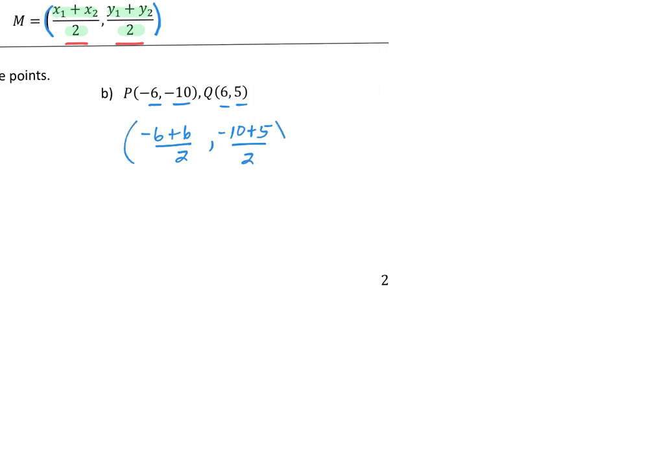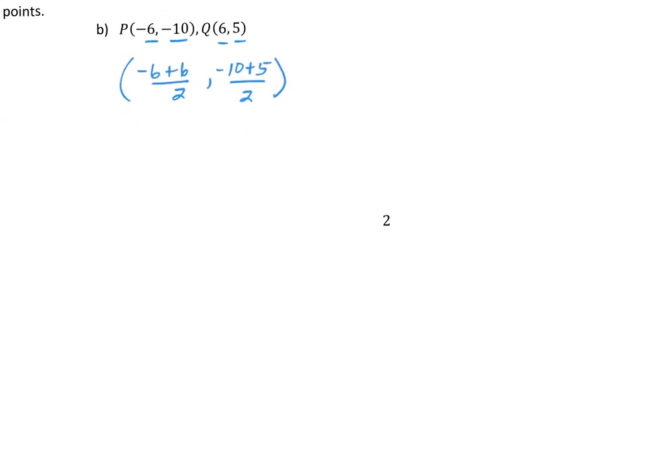Again, this is a point. So I get 0, comma, negative 5 over 2. So that would be the midpoint between our 2 points.